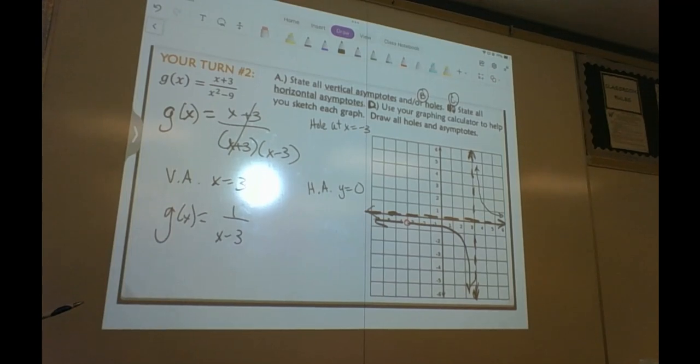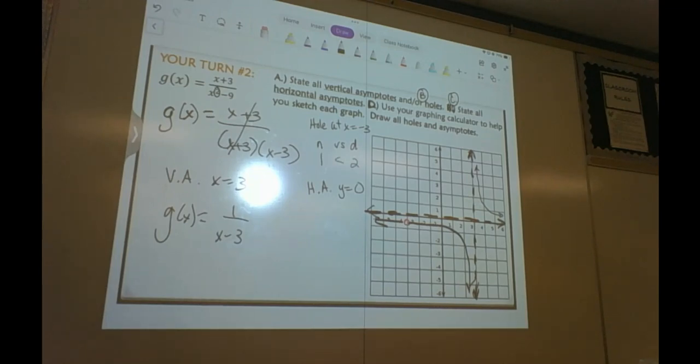And for the horizontal asymptote, you compare the degree of your numerator to the degree of your denominator. That degree in the numerator is 1. Degree in the denominator is 2.